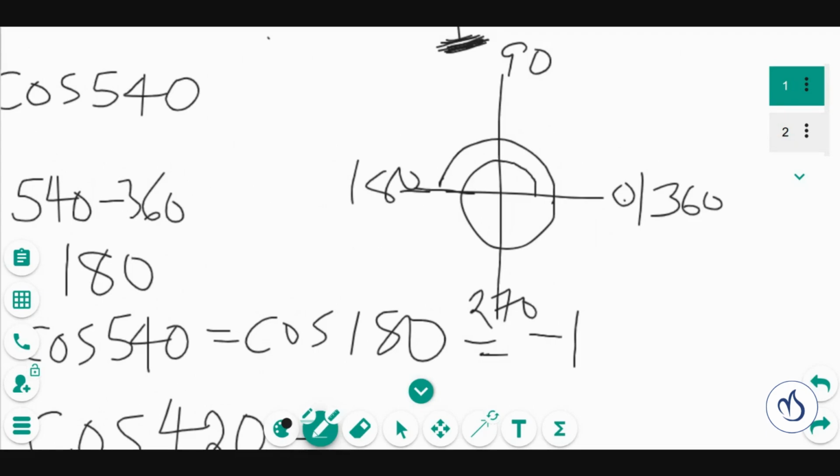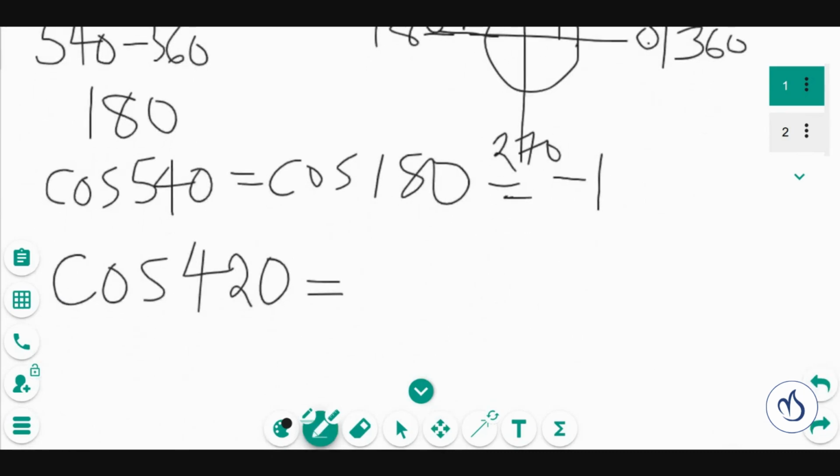So whenever you are given an angle which is greater than 360, we have to reduce it back to less than 360 so that it can be represented on this diagram, by subtracting the 360. Okay.